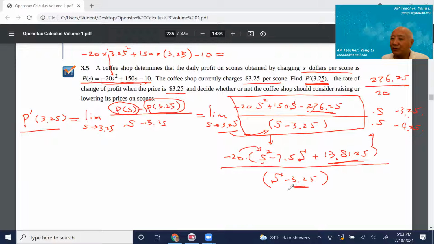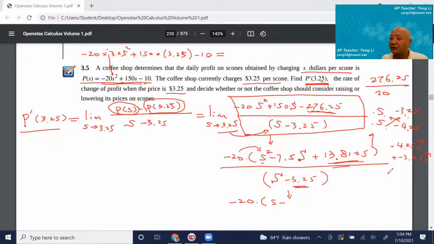So this whole thing, I can write it down like a -20. So I can write it as factor form as minus. The reason is, this one times this one is s squared, and when you cross multiply and add together, you will get negative 4.25s added to negative 3.25s.